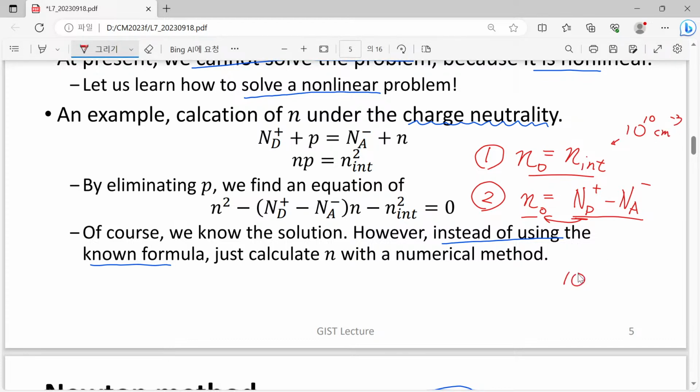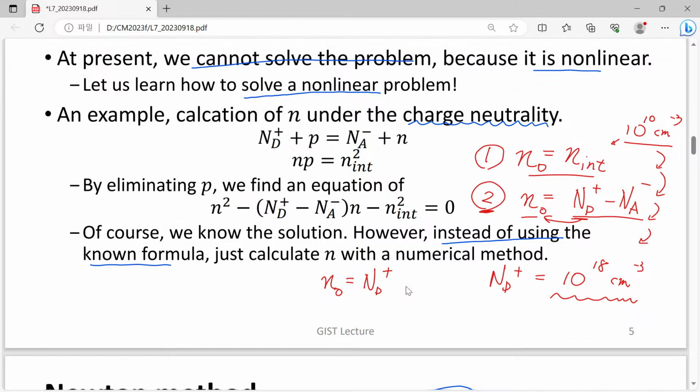Let's say you have 10 to the 18 per cubic centimeter donor density, then it will take forever. Your electron density will of course increase, however, it will take many iterations to arrive at the solution of 10 to the 18. But if you take this second approach, since you are educated from the previous lecture course, and n naught is simply given by Nd plus, then just one or two iterations, you will get a perfectly good solution.